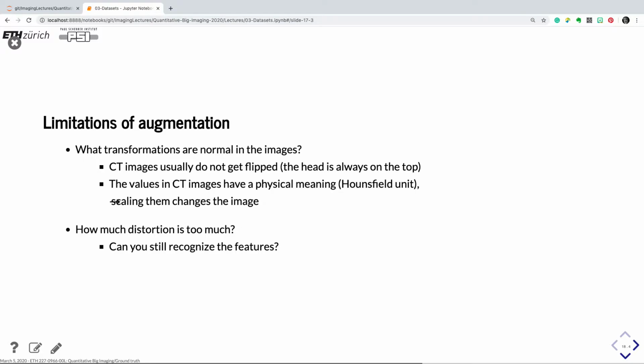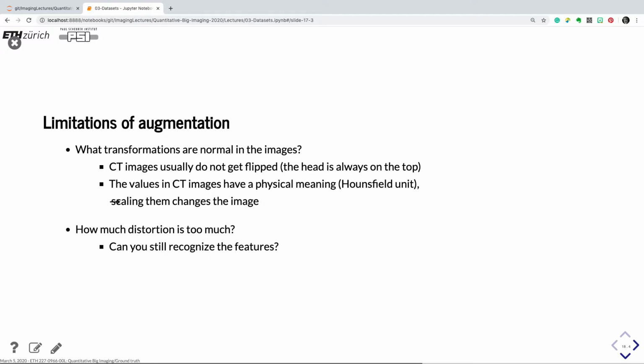What you can do, or what you cannot do, is that some transformations are not really relevant for the case that you're studying. So, for example, with CT images of humans, you can't flip them too much. The head is always up.